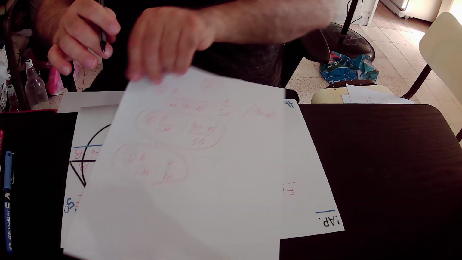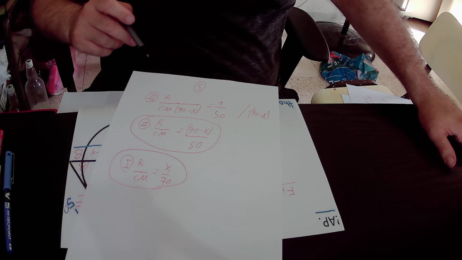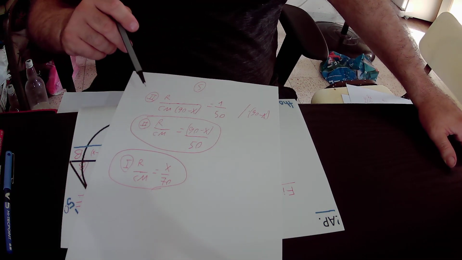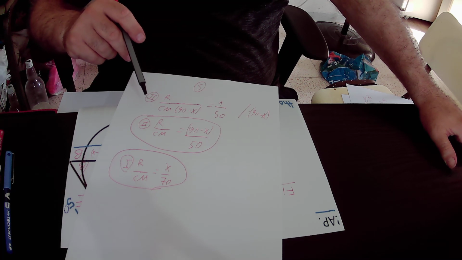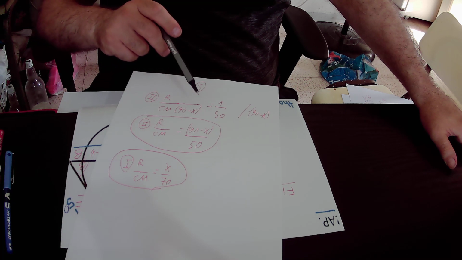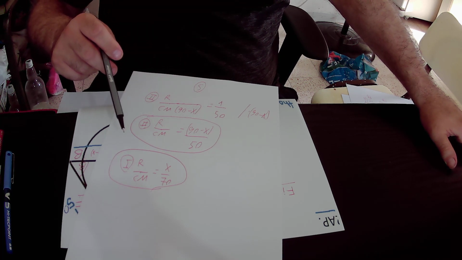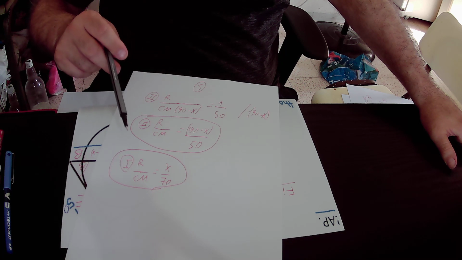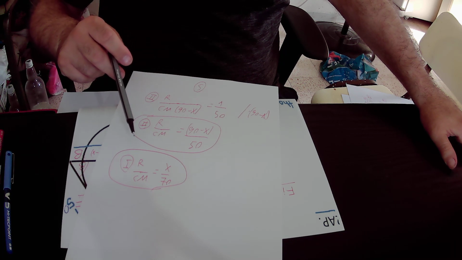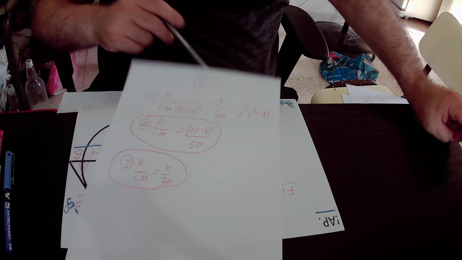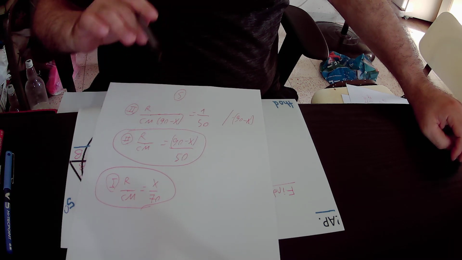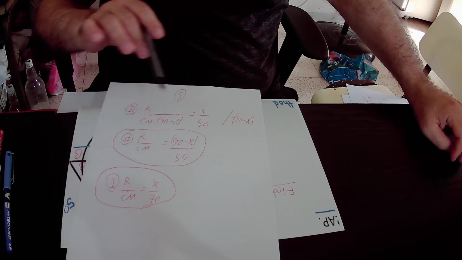Okay, so we have two expressions for R over CM. R over CM from the second equation equals 90 minus x over 50. And R over CM from the first equation equals x over 70. So we can create the third equation that states that R over CM equals R over CM.